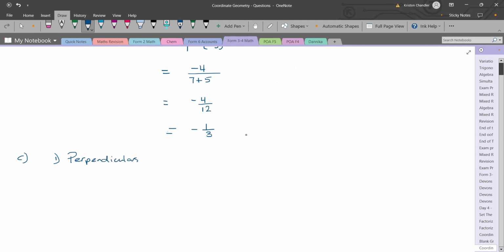Perpendicular lines, the gradient is the negative inverse. In other words, the gradient of this perpendicular line, and I can just use this little symbol here, right?